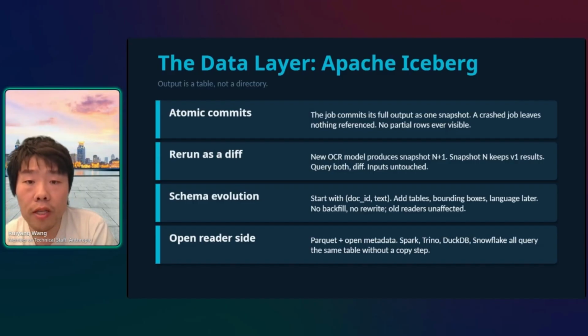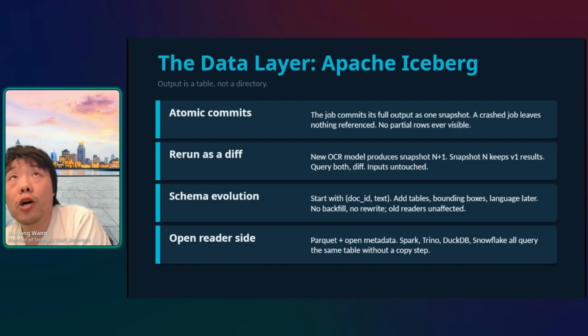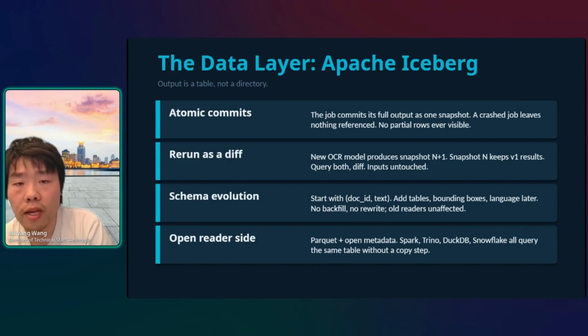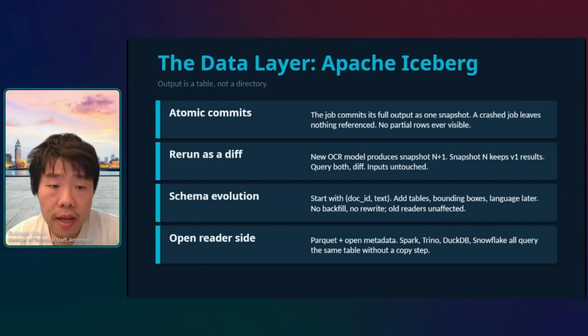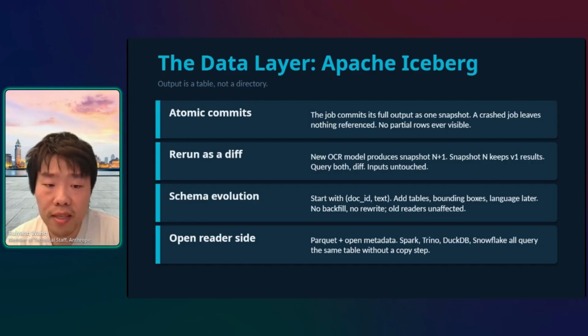After all the steps, you save the text to an output table. For example, if you think your OCR model needs improvement, you can run it again with a different model and then compare two Iceberg tables. And of course, you get all the merits of the table: it's atomic, and you can add more columns to the schema and so on.